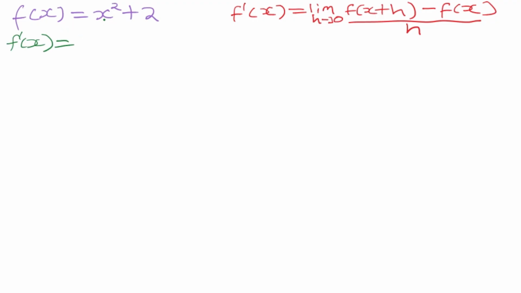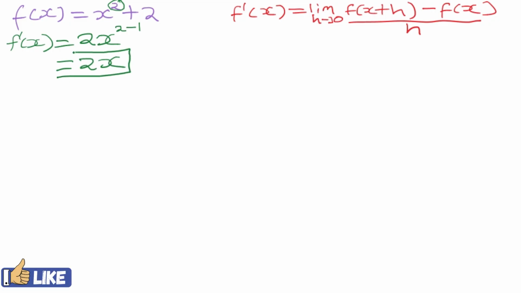So you are having x squared there, so this power of 2 becomes the coefficient of x like this, and then you subtract that exponent by 1, 2 minus 1. The constant term will give us 0 when you differentiate. So the final answer will be 2x.